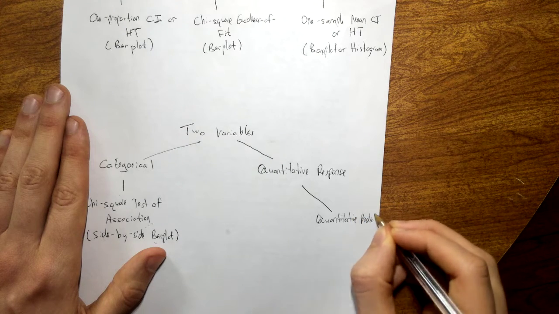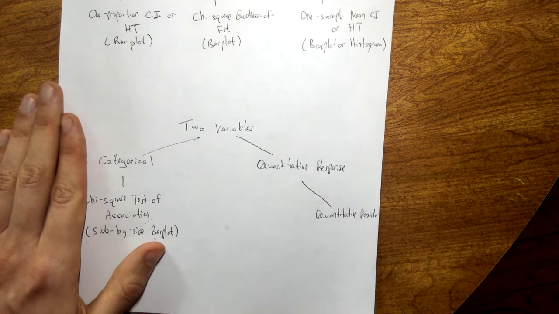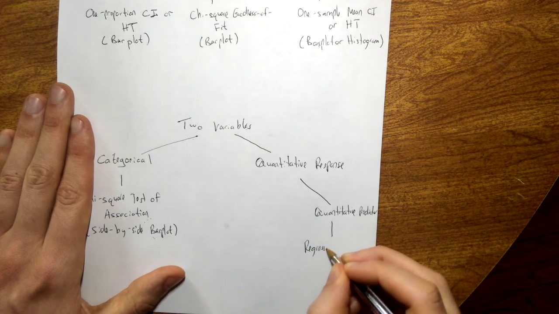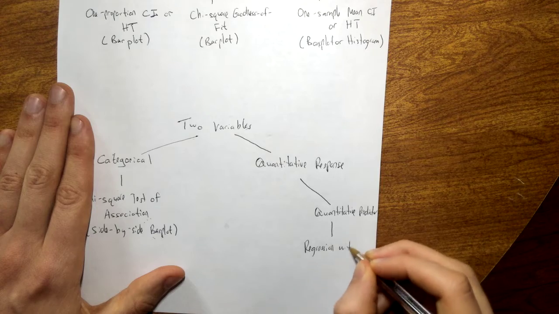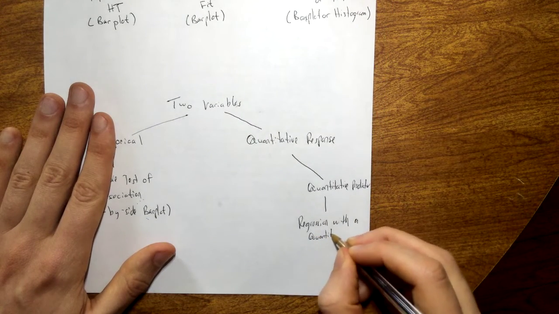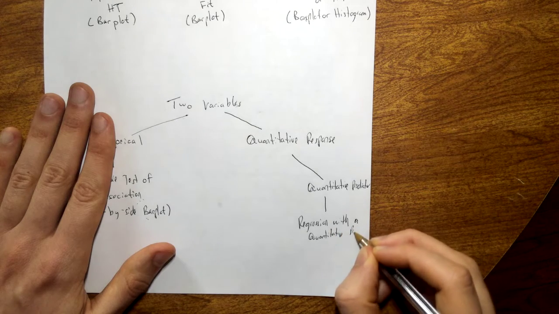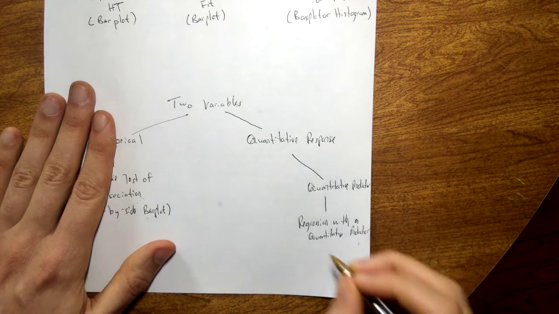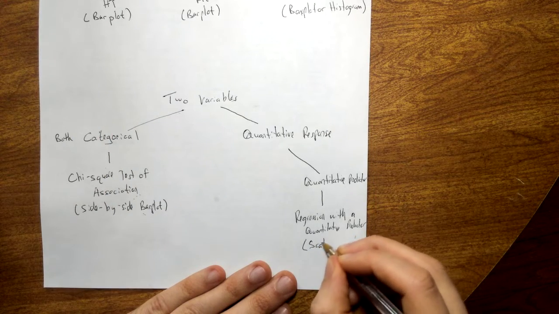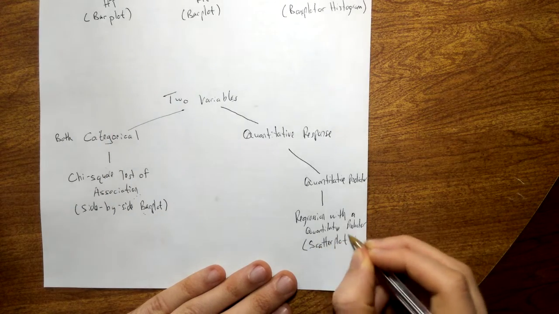So those are our two variables, quantitative response and quantitative predictor. The setting for this was regression, more specifically regression with a quantitative predictor. The graph we used to look at this data was always a scatter plot.